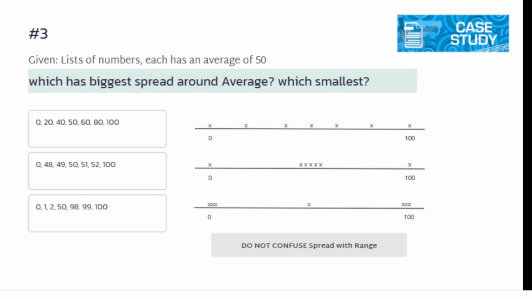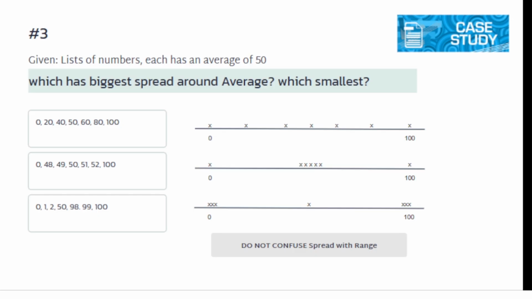The first one is almost equally spread, 20, 40, 50. And the second one, you have the same minimum and maximum, but they are mostly clustered near the center.